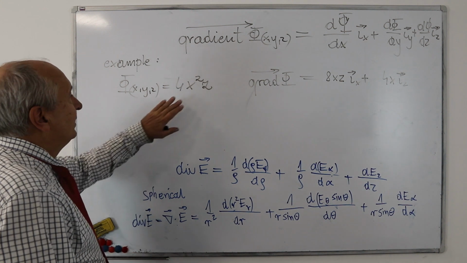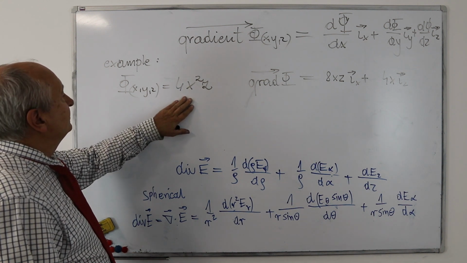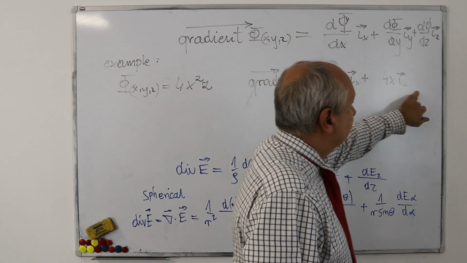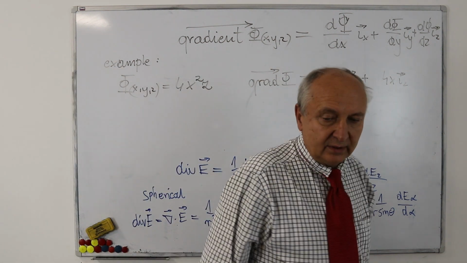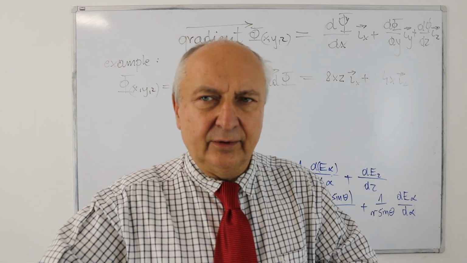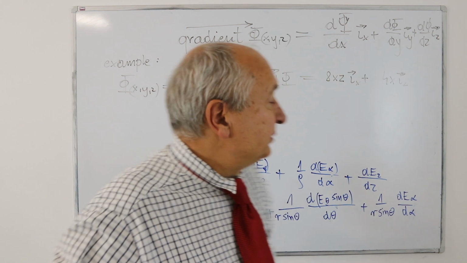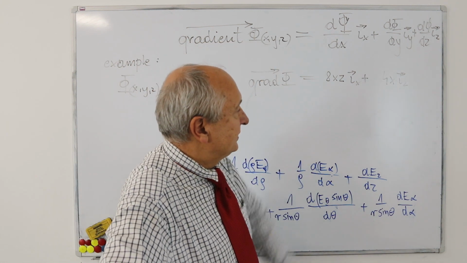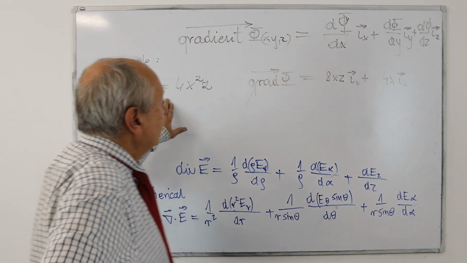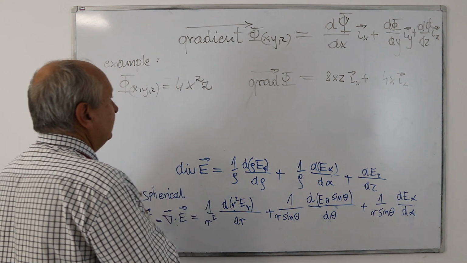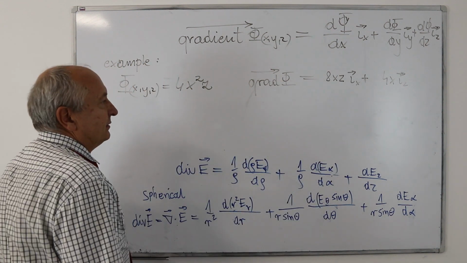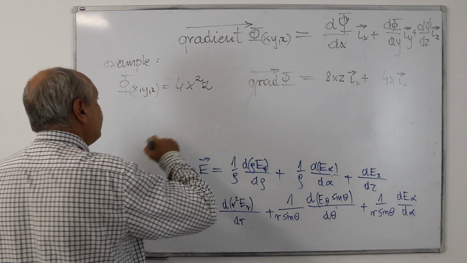So from a scalar function we obtain a vector function. The same from a scalar field we obtain a vector field. Applying the operator of gradient, we obtain from a scalar field a vector field.